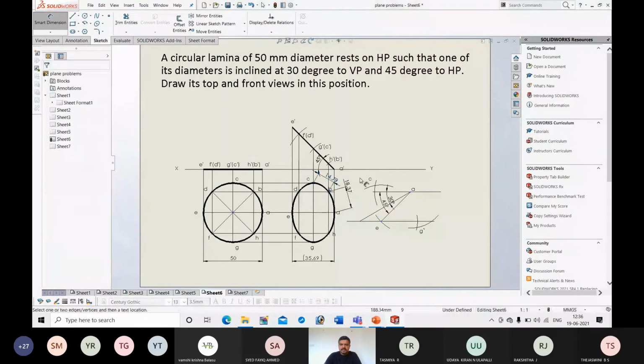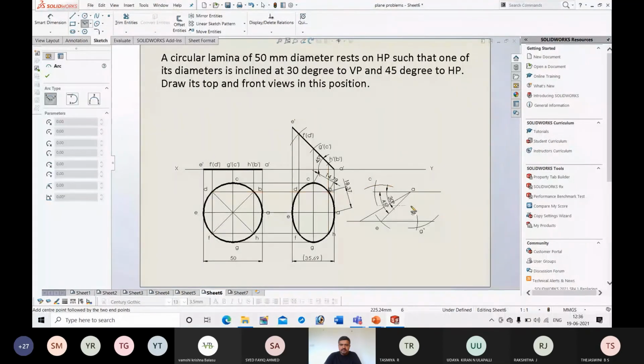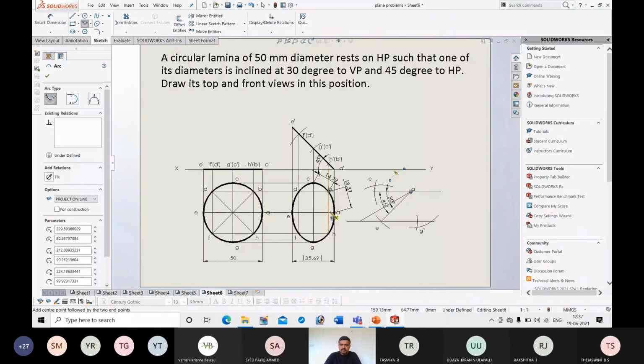I will consider these two radial distances. Now I know A and C, I should get B. From A, I will draw an arc considering radius as distance between A and B. The radial distance AB is the radius and A is the center. I will draw an arc.